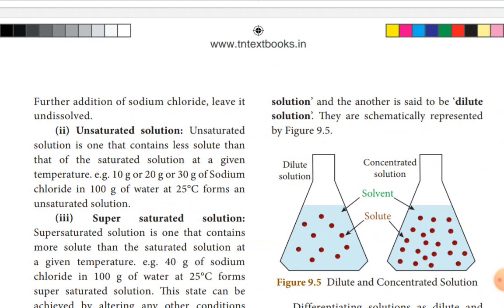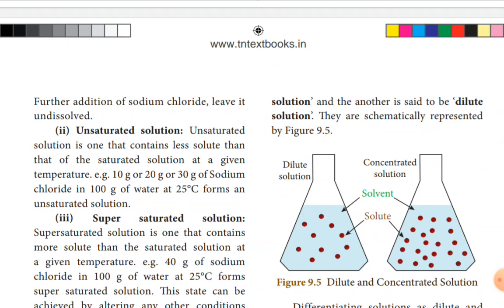Example, 10 gram of sodium chloride in 100 gram of water, or 20 gram, or 30 gram of sodium chloride in 100 gram of water at 25 degree. Actually 36 gram is the maximum amount of solid that can be dissolved in the given amount of solvent.